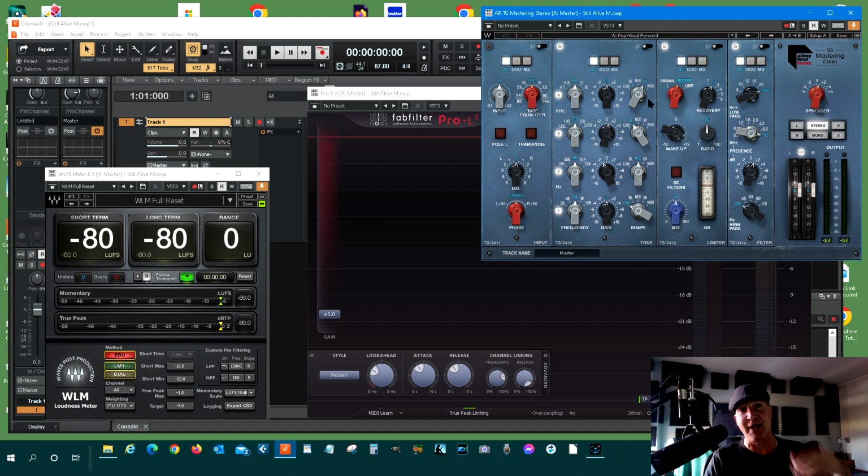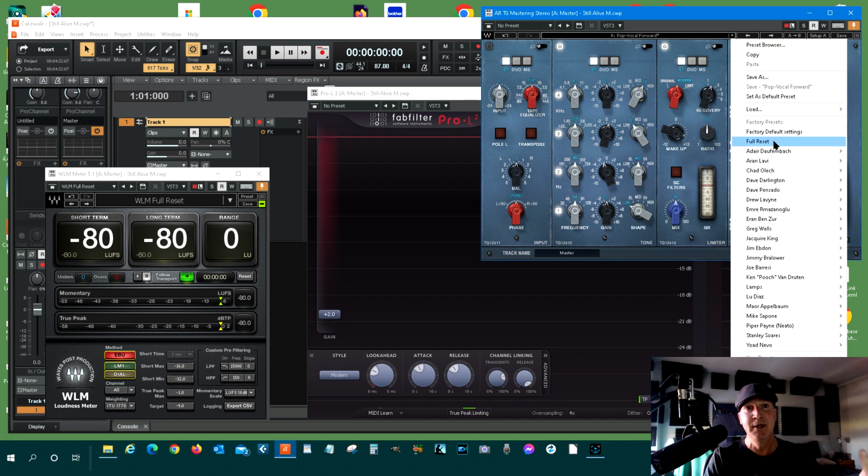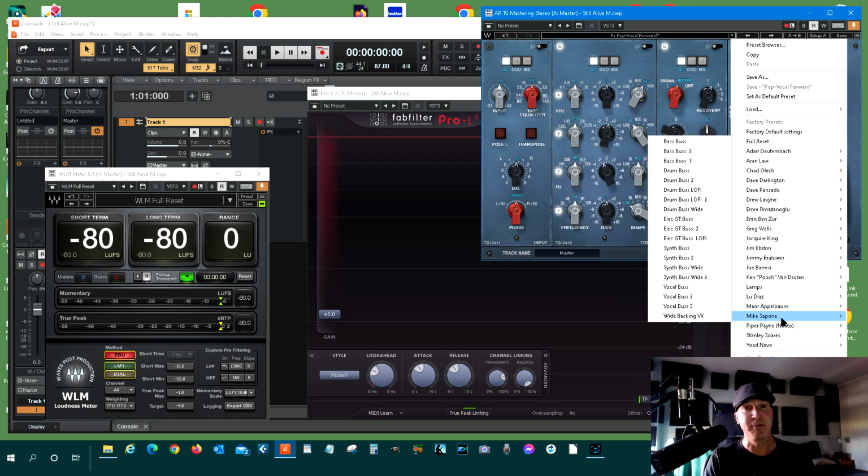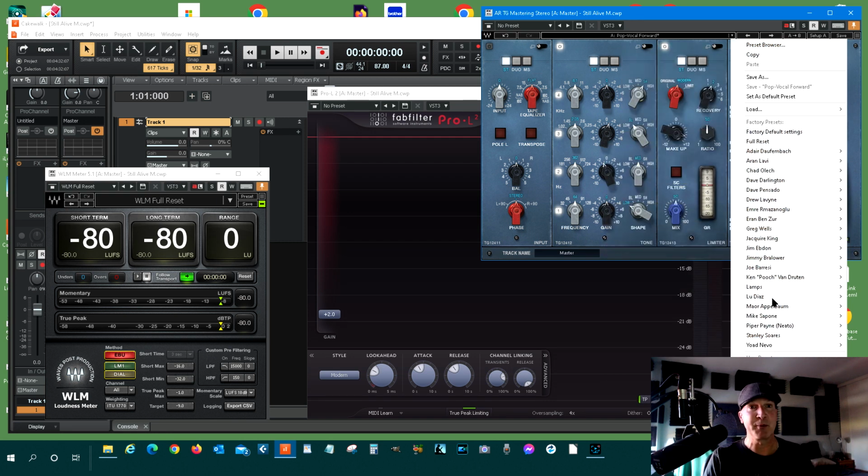The algorithms that are used for the presets are fantastic, and it sets it up nicely, but I just want to make a tweak. So what I did was I brought down the high end and cleared that up. Okay, so I chose a particular preset, and that's the one I'm going with. And there's a ton of them. You could, I mean, all different mixers, super pros out there.